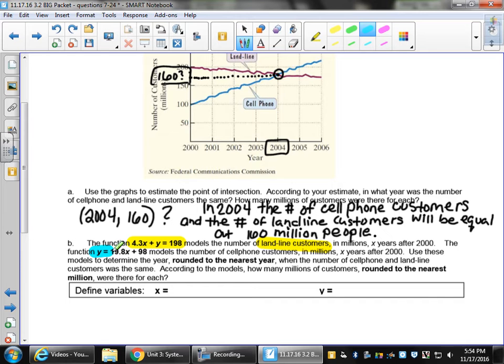The function y equals 19.8x plus 98 models the number of cell phone customers in millions. Use these models to determine the year, rounded to the nearest year, when the number of cell phone and landline customers was the same. According to the models, how many millions of customers, rounded to the nearest million, were there for each? We're first asked to define our variables.